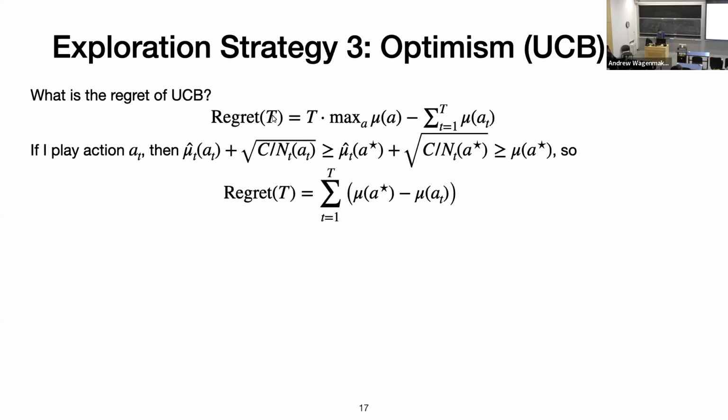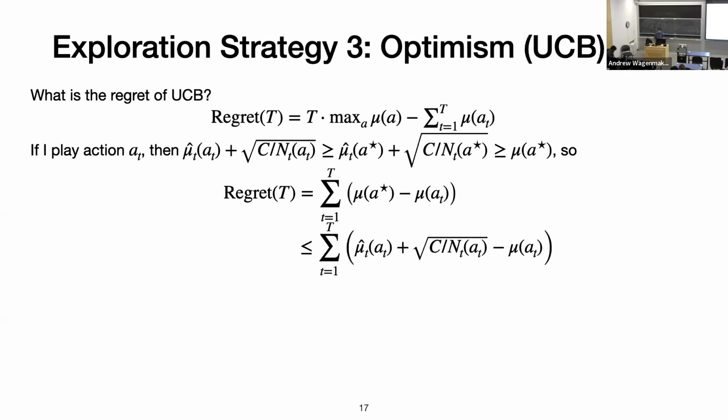So what is the regret? I can rewrite the definition of the regret as the sum over time of mu of A star, the maximum possible reward, minus mu of A_t. Based on this inequality, I can upper bound mu of A star by mu hat of A_t plus the confidence interval for arm A_t. And the inequality for A_t is also true, so I can upper bound mu of A_t by mu hat of A_t plus the confidence interval.